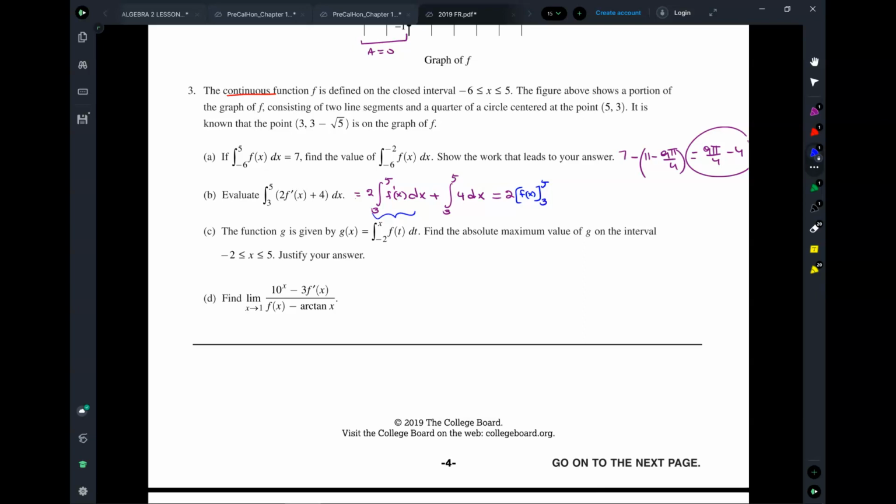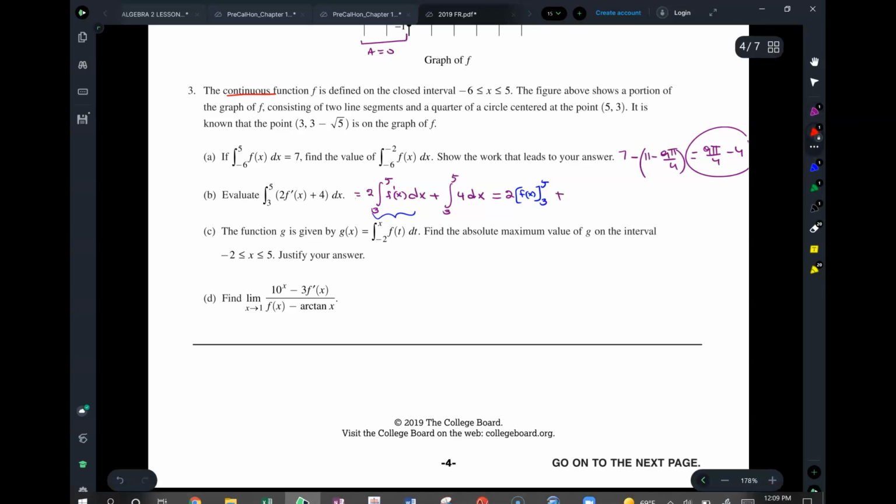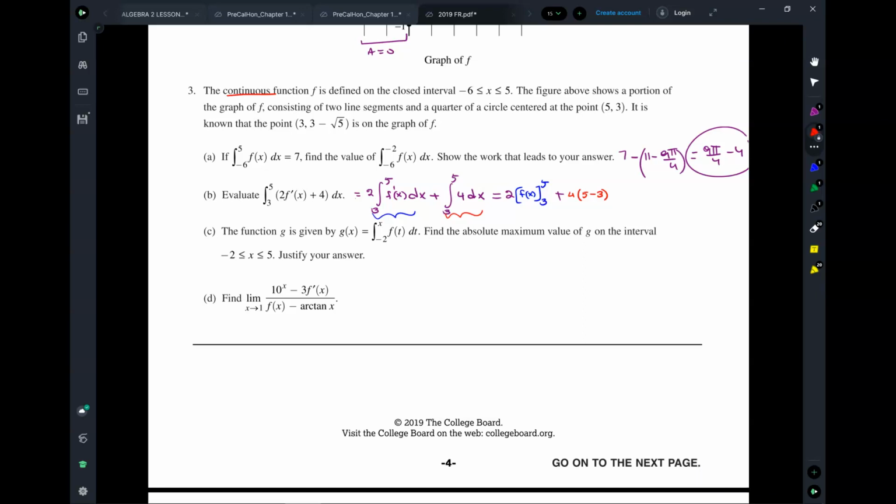Okay? Plus, how much is this one? This is 4 times 5 minus 3. Right? The integral of a constant. So now, this is 2 times f of 5 minus f of 3 plus 4 times 2.